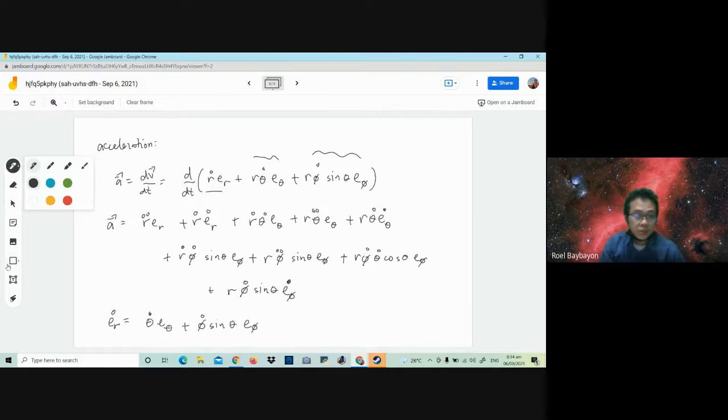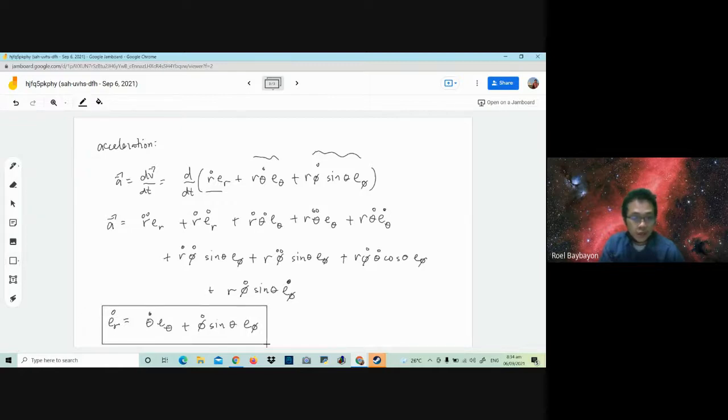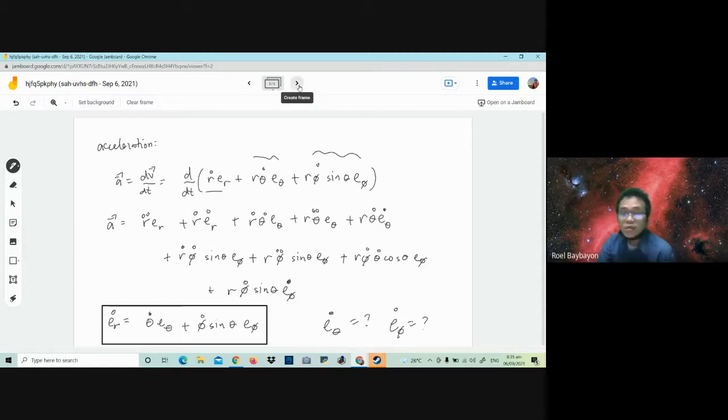Next, what is e theta dot, and also what is e phi dot? I know e_r dot, but I don't know e phi dot and e theta dot. But I can solve for them.